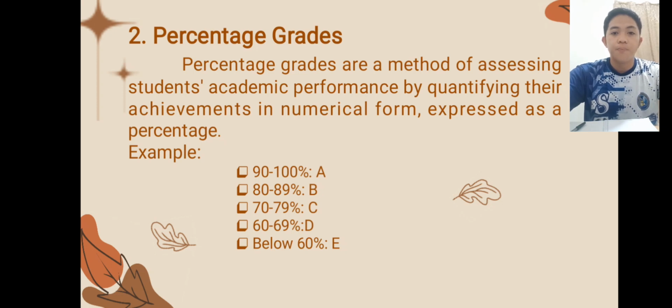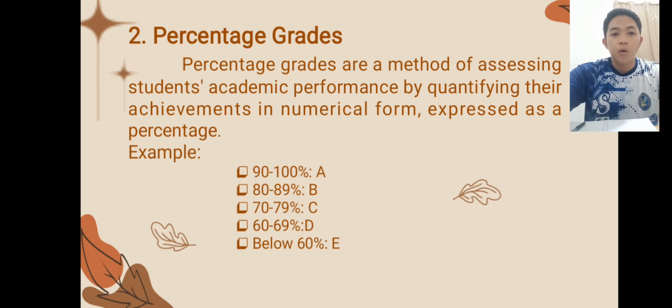So, typically, percentage grades range from 0% to 100%. These grades help assess your performance and progress in specialized training or learning for a specific profession or career. So, below is an example for percentage grades.